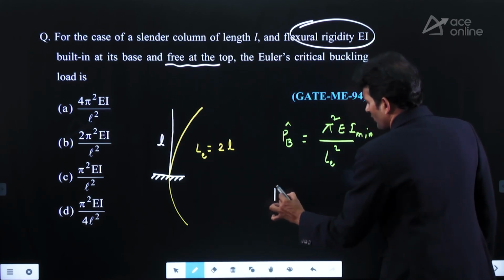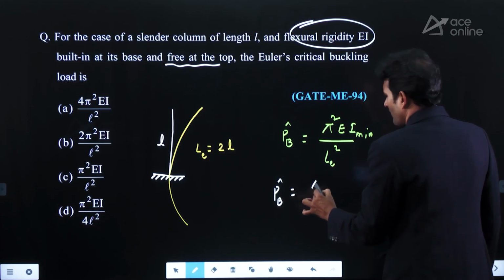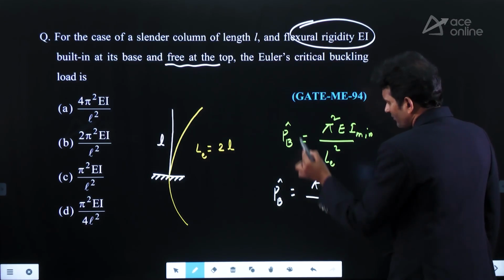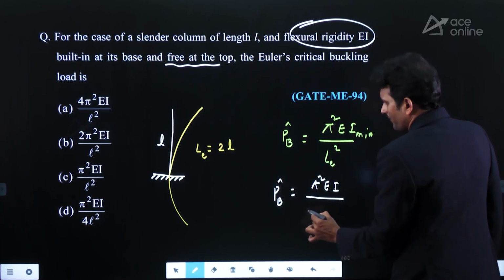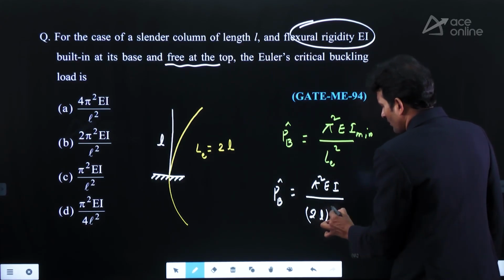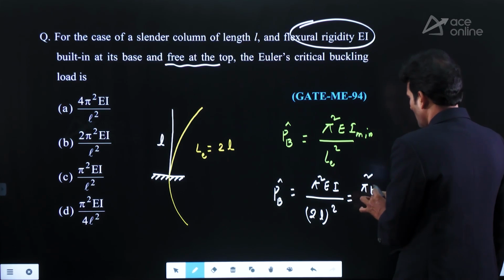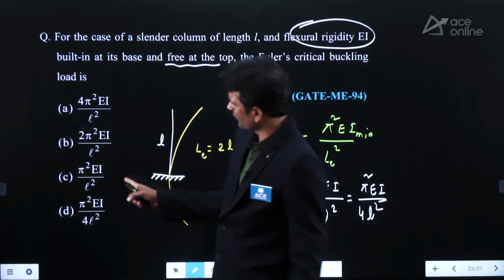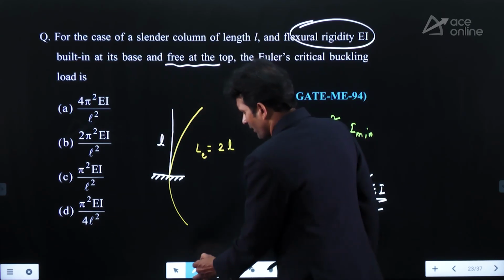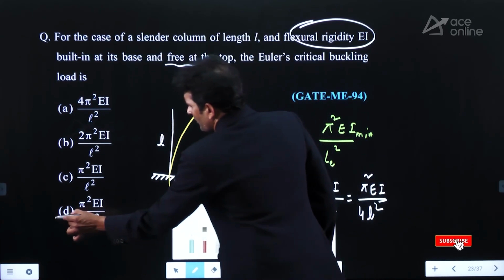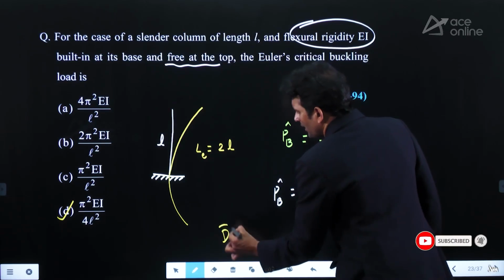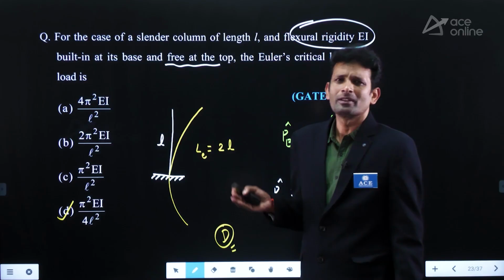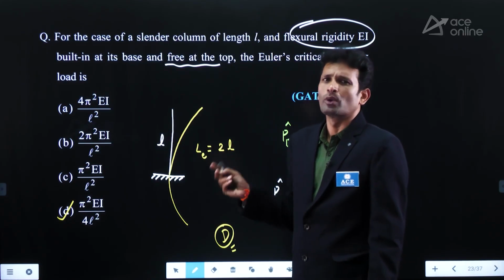When I am substituting, PB cap equal to pi square EI divided by 2L whole square, that is pi square EI divided by 4L square. So in denominator 4L square, we are observing at option D. So which one is correct? Option D is correct for this question, right? Most of the times we are having the problems from columns related to Euler formula only.